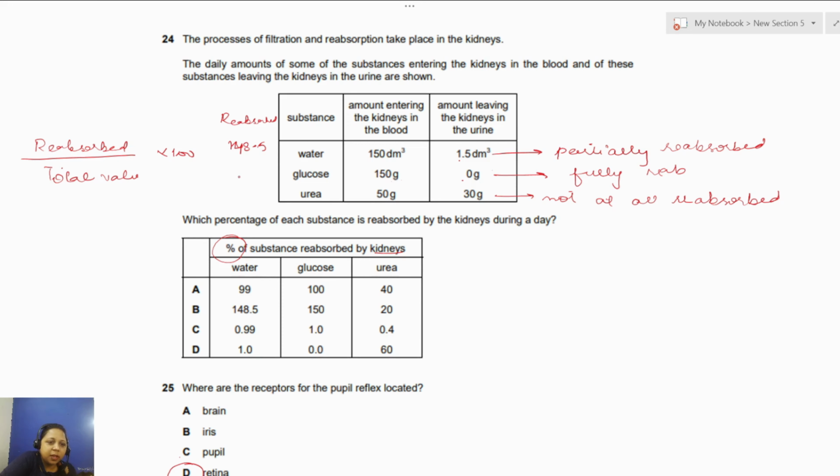How much glucose is reabsorbed? 150. How much urea is reabsorbed? 20. These are the reabsorbed amounts. Now we have to calculate percentages based on these.